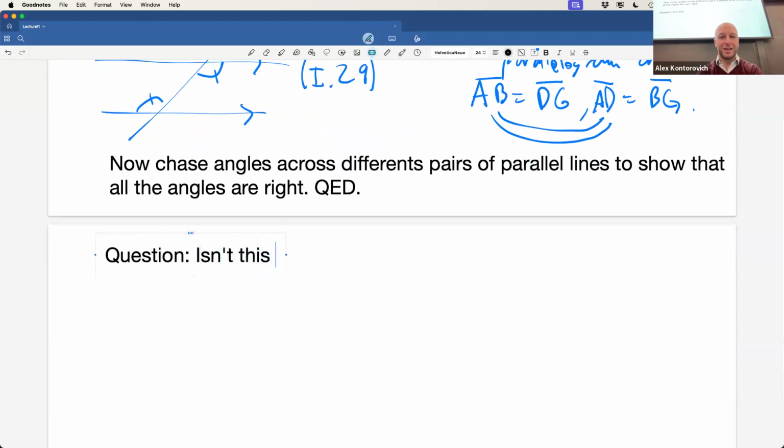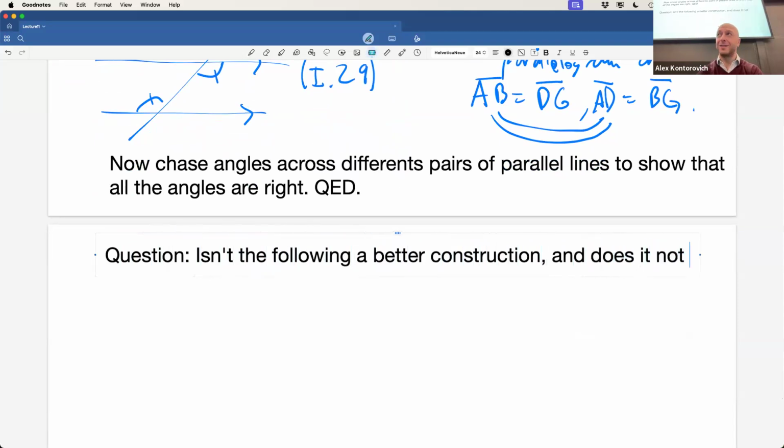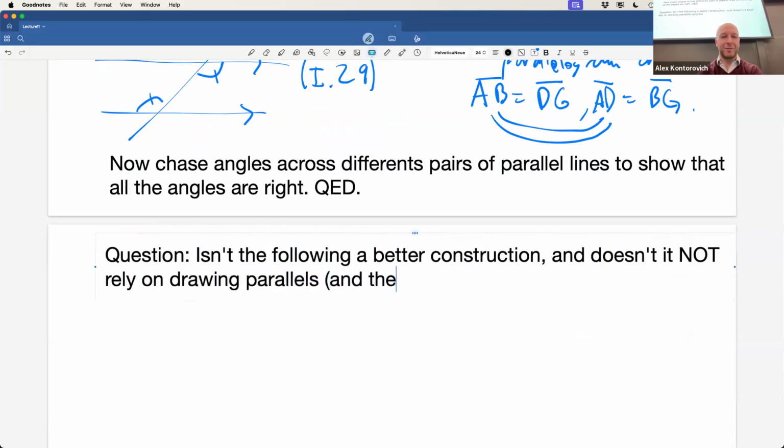So question: isn't the following a better construction? And doesn't it not rely on drawing parallels and the parallel postulate?